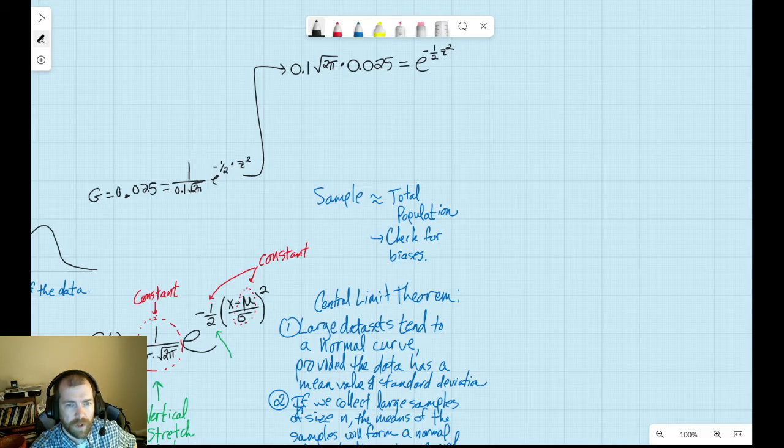The 0.1 is our sigma for that one example we were doing with the coins, trying to make them as accurate as possible.